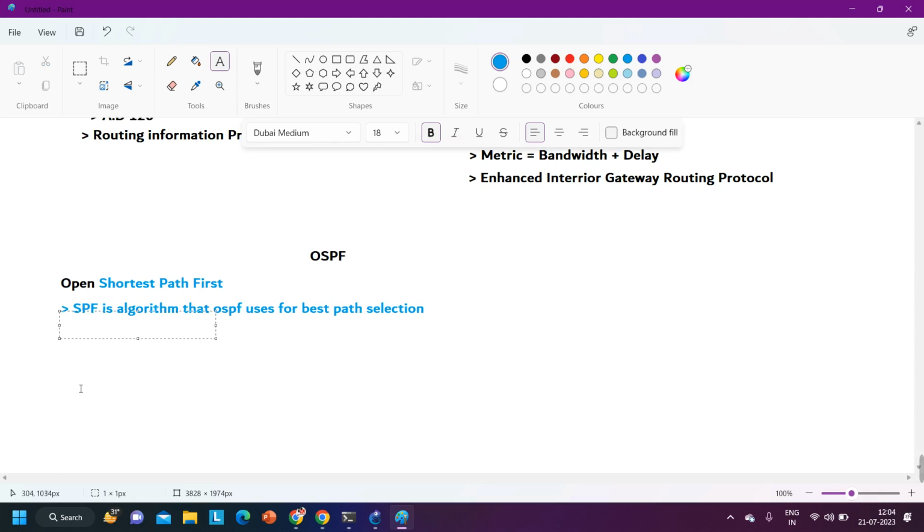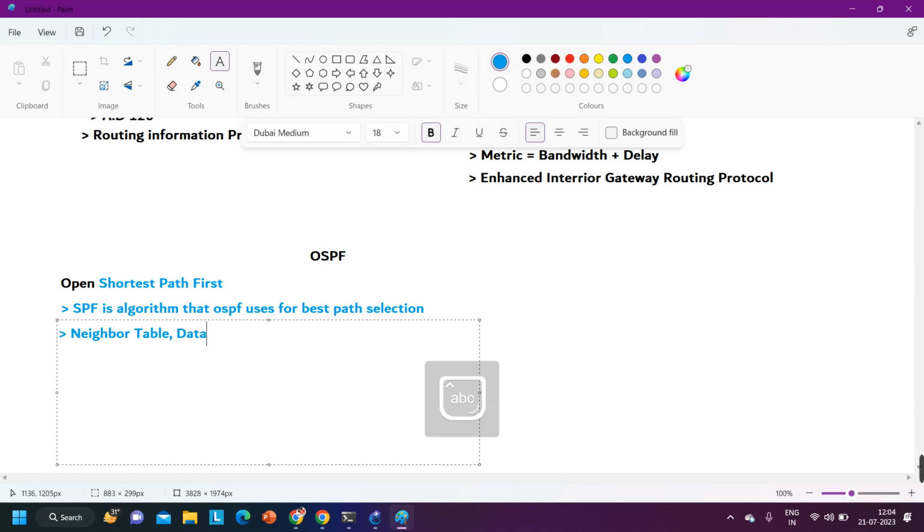Now again, OSPF maintains three types of tables, but not a topology table. It maintains a neighbor table, like EIGRP. After that, it maintains a database, and a routing table.